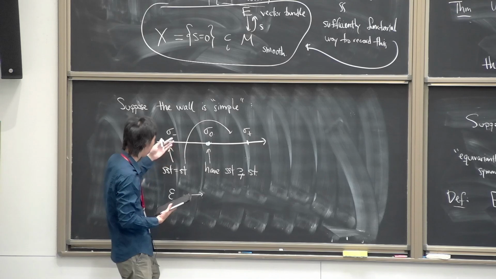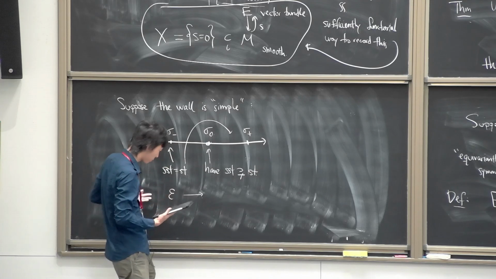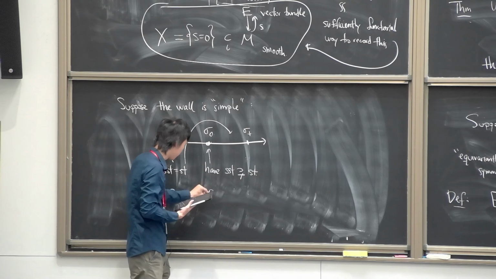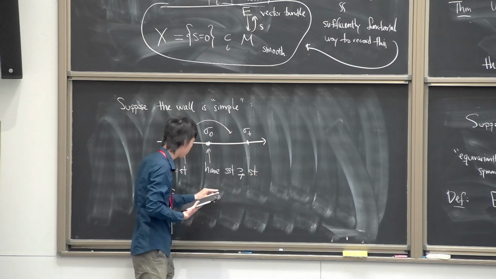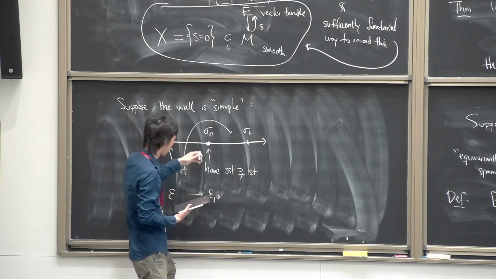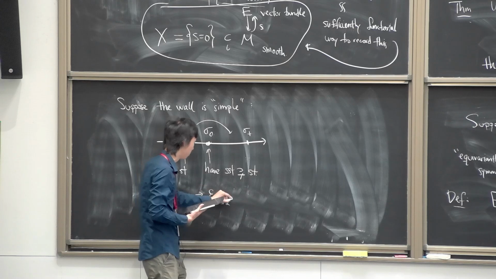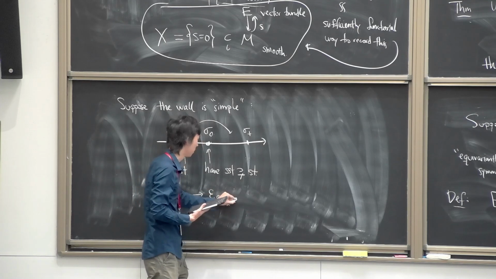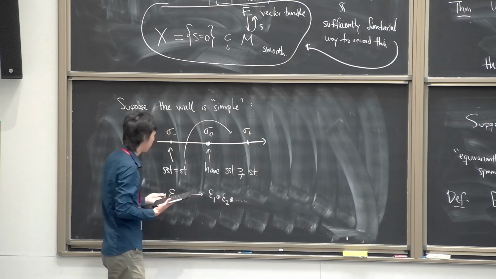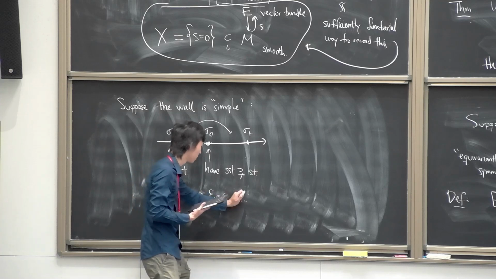The condition that the wall is simple is that a priori your sheaf could split into a sum of many semi-stable pieces at this wall, and the criterion that the wall is simple means that you only really split into two pieces.